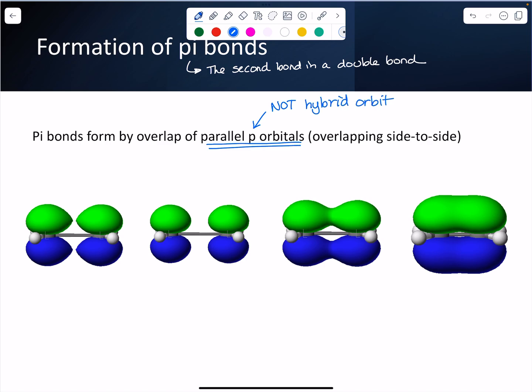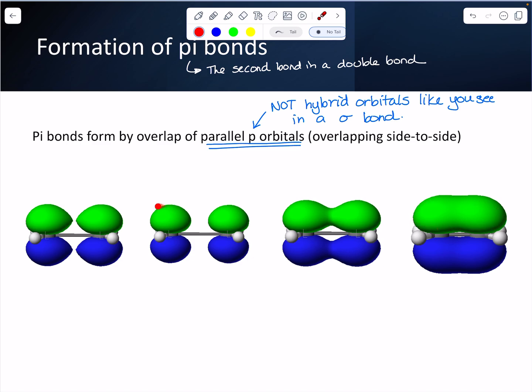They're not hybrid orbitals like you see in a sigma bond. The way they do it is they overlap kind of side by side. This is showing you the region of overlap, so this is what your electron density for your pi bond would look like.